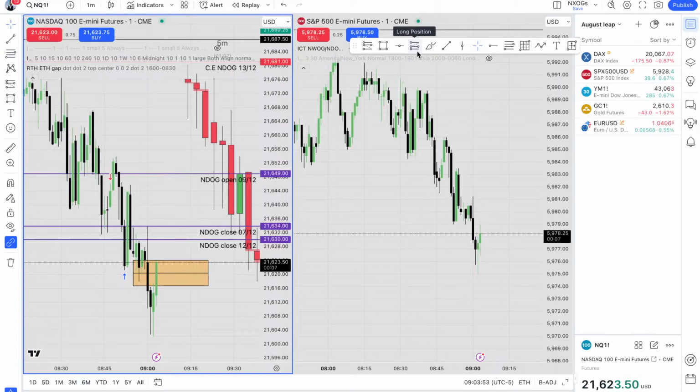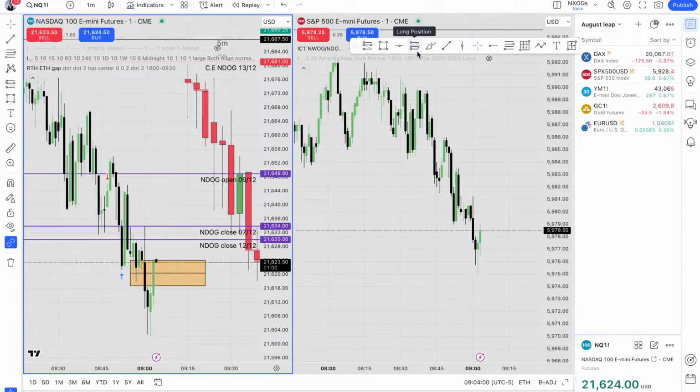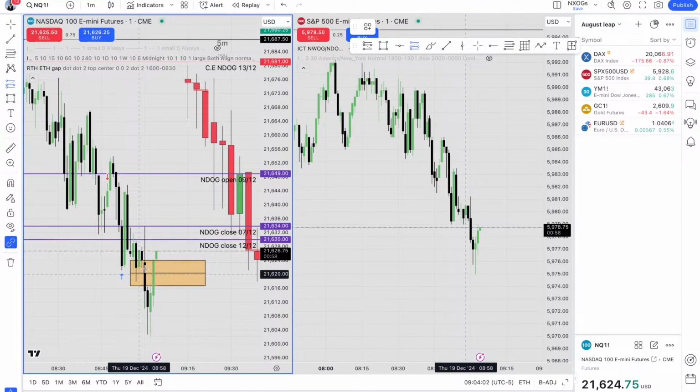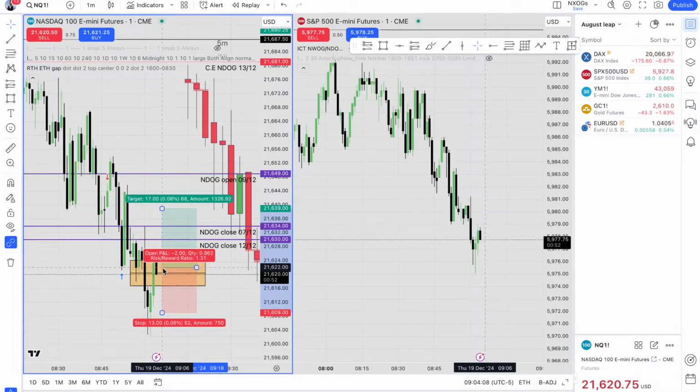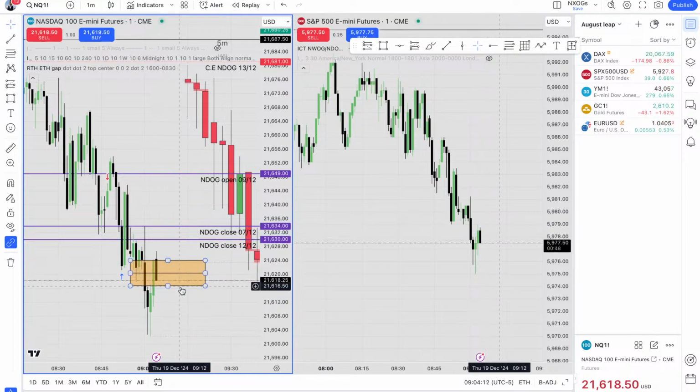Let's see. Okay, this is an. I hope it creates. No, don't go lower. Don't go. Yeah, no. I was thinking a balanced price range.